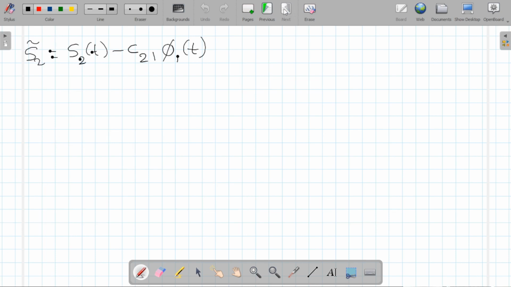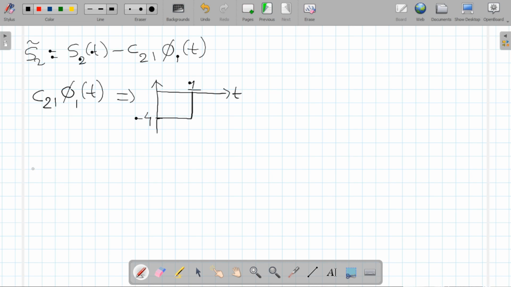Now we will get C21 into phi 1 of t. So we are getting the value as minus 4 from 0 to 1. This is the time axis. This is what we are going to get.